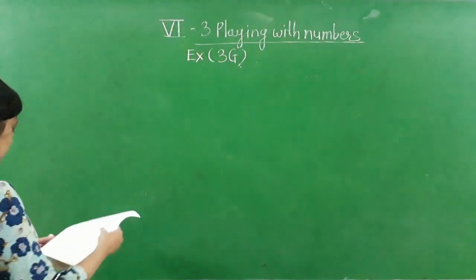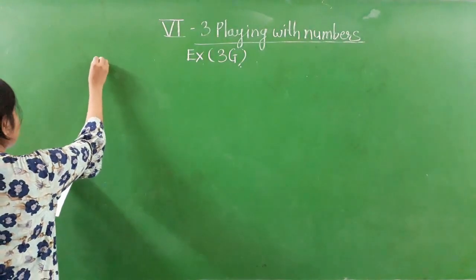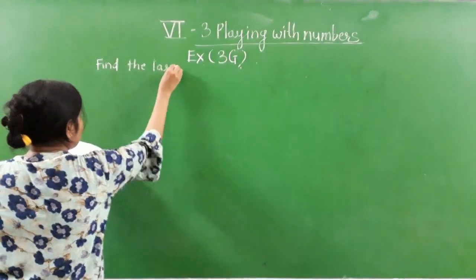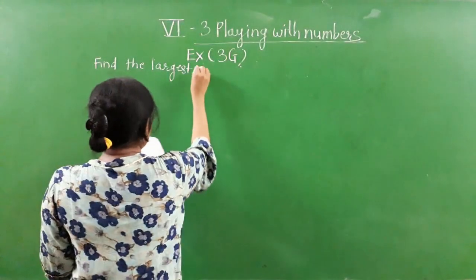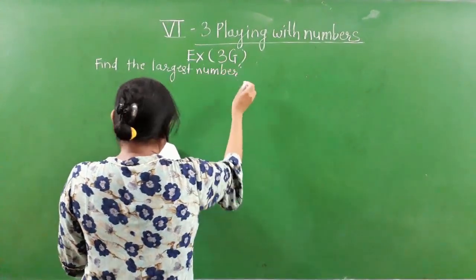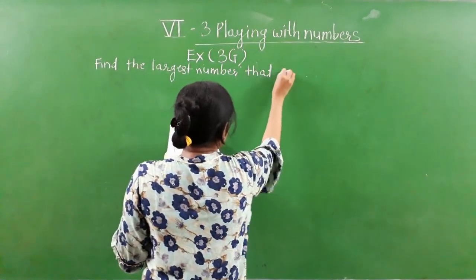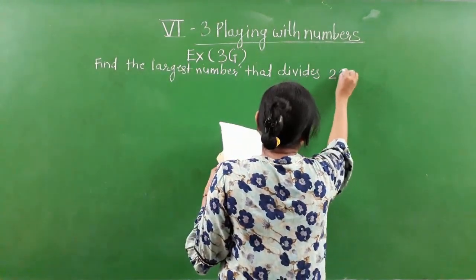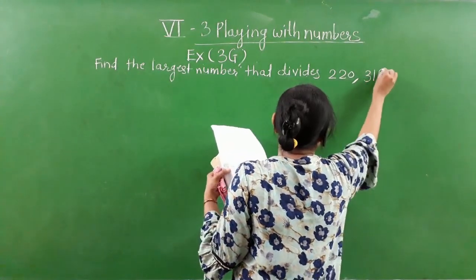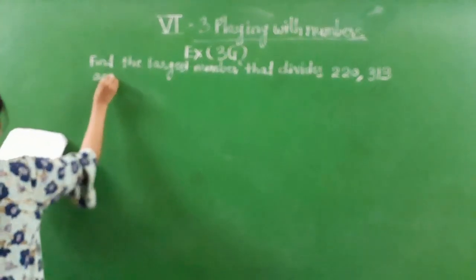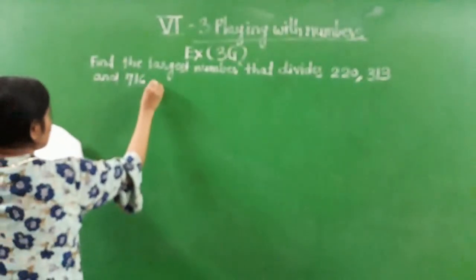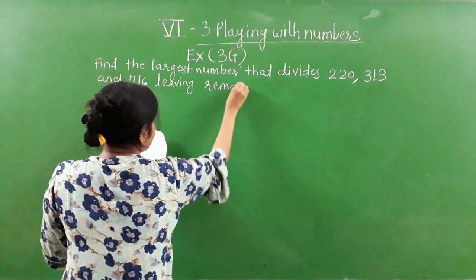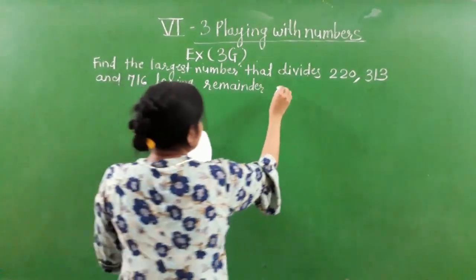So see it here. The sum is like, find the largest number that divides 220, 313 and 760, leaving remainder 3 in each case.